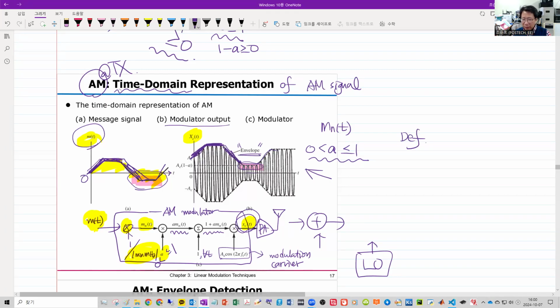This is not a good definition of envelope. Actually, the definition of envelope, precisely speaking, is this: given a real-valued bandpass signal, you have a complex envelope, and the absolute value of the complex envelope is called the envelope.